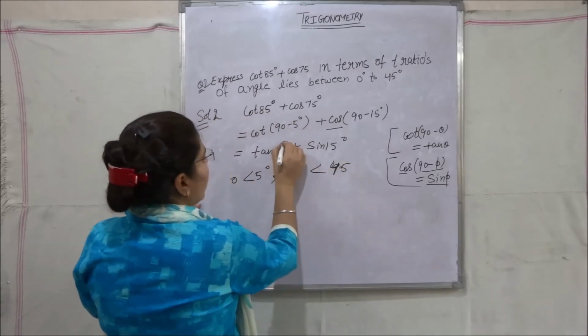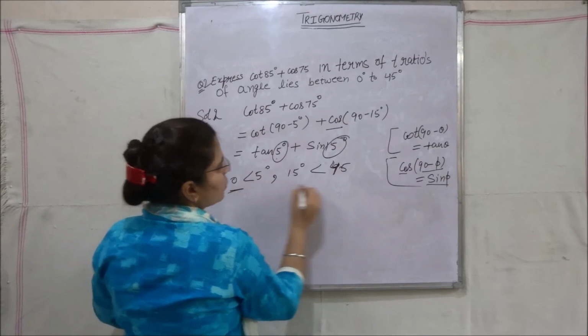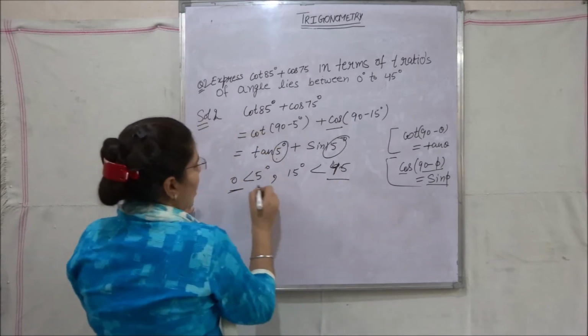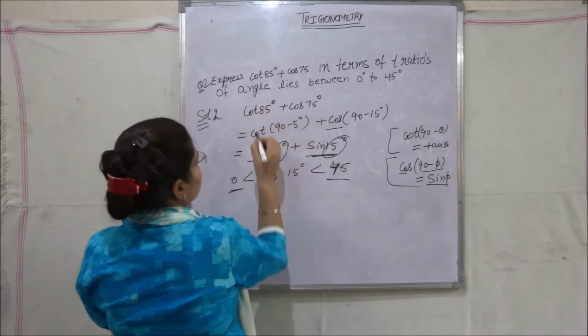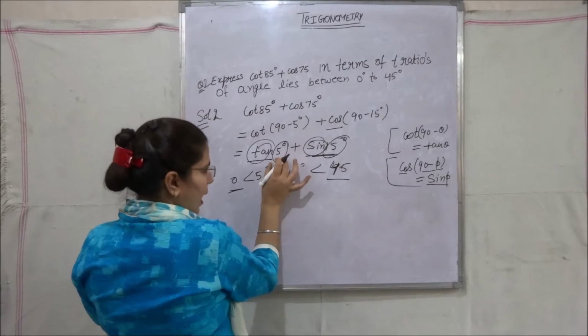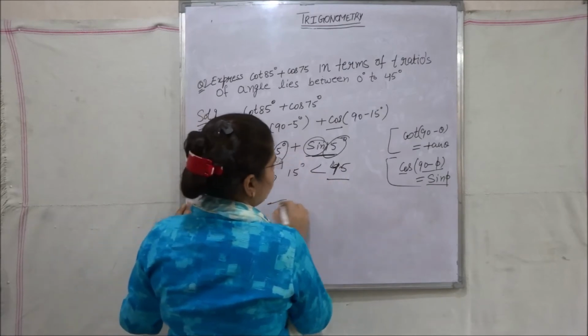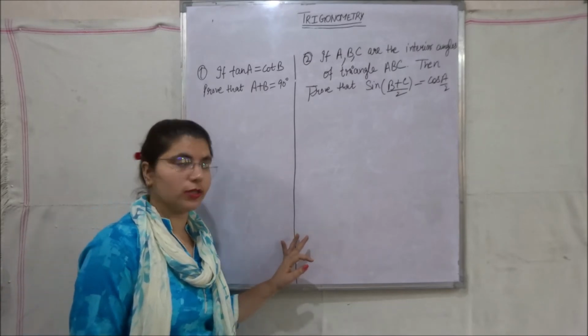Here 5 degree and 15 degree both lie between 0 to 45 degree, and tan 5 degree plus sin 15 degree, tan theta and sin theta, are the t ratios. Hence we solved it. Now let's do the next question.